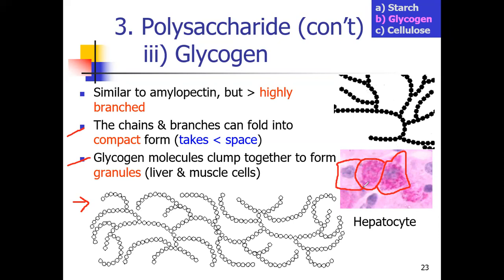These pink granules are the glycogen granules that occupy almost the entire cytoplasm of the cell, because the function of this liver cell is to store glycogen. That's why it takes up almost the whole space. Why glycogen is used as the storage molecule, we will look at afterwards. So that's the function of glycogen.